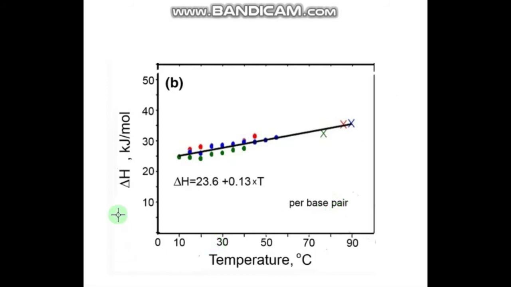So what this is showing you is the enthalpy change per base pair for unfolding of the DNA. In other words, for going from the double helix to the more disordered, separated strands. And you can see that it's a positive delta H. But what's particularly relevant in terms of what we're talking about at the moment is that that delta H becomes a lot more positive at high temperatures around 80-90 degrees than it is at lower temperatures.